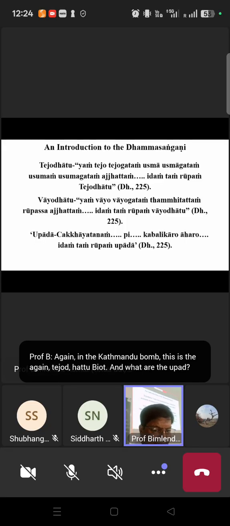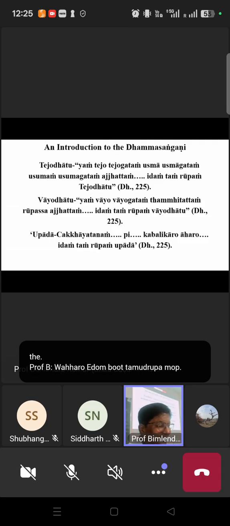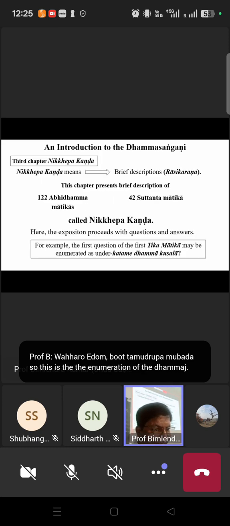Chakhayatanam, Sotayatanam, Dhanayatanam, Jivayatanam, Kayayatanam, Manayatanam, like that, Kablikaro, Aharo, Idam Tam Rupam Upada. So this is the Nirdesana, the enumeration of the Dhammas which have come in here. So this is the Rupa Kanda.